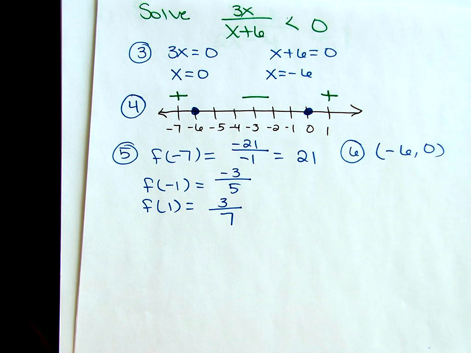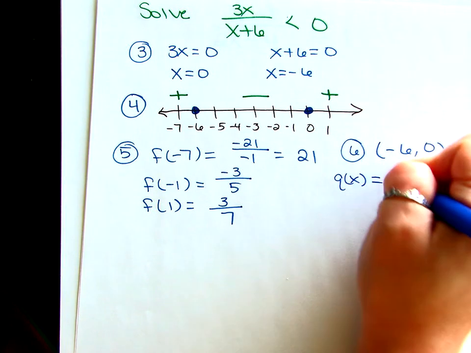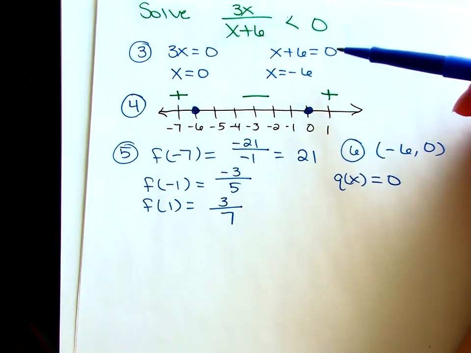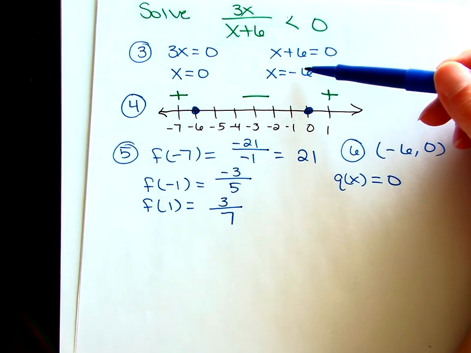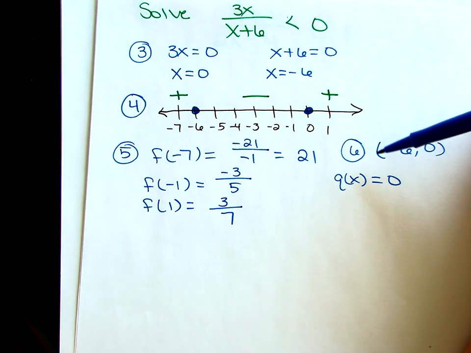Now, this is where I would need to make sure that I'm not accidentally including any of my trouble spots in my solution set. So I need to look at where q of x, or the denominator, equals 0. Luckily, we already had to figure that out, and that's when x equals -6. But we've already excluded that point because we are strictly less than.